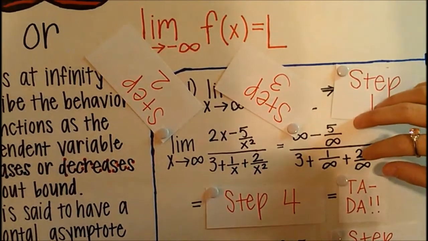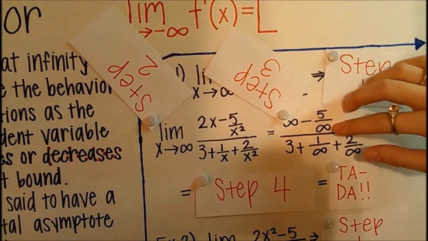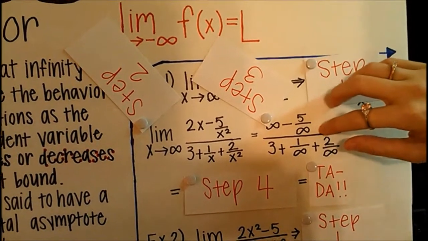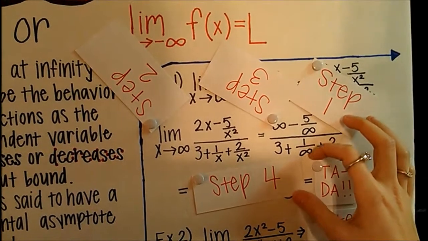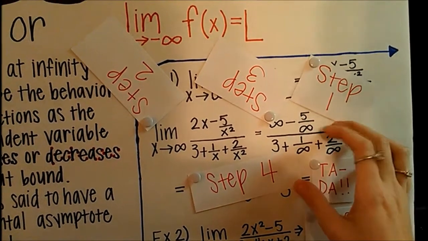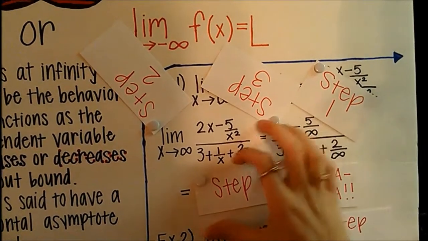Now your fourth step is to simplify. Remember your limit theorems that I showed you just a moment ago. 1 over infinity being 0, 5 over infinity, anything over infinity is 0.